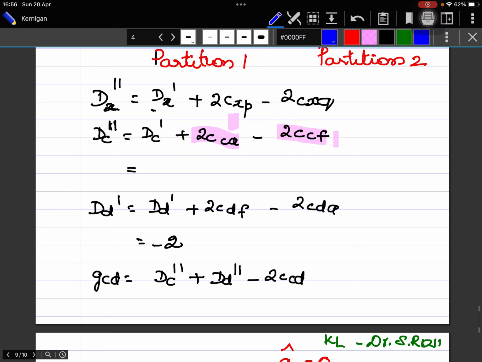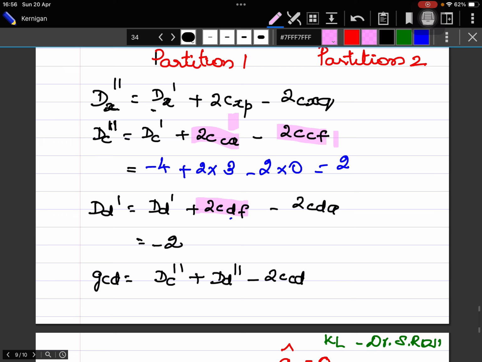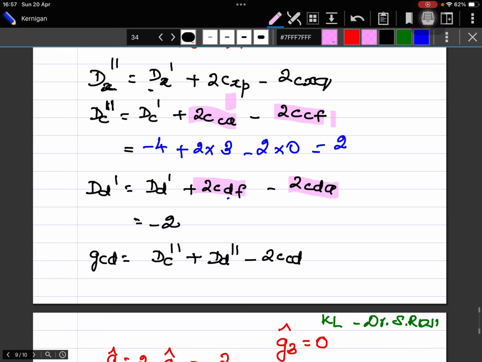So what are the values here? DC double dash is equal to DC dash, which is minus 4 plus 2 into 3 minus 2 into 0, which is equal to 2. Similarly, DD double dash, D was initially with what? With F, initial partner, new partner. So this gives you the value of minus 2.